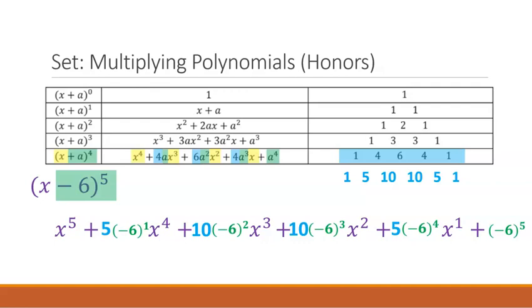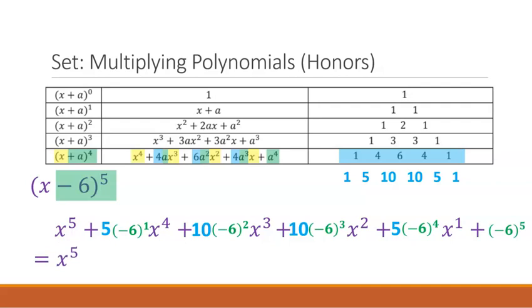In the second term, we can use negative 6 to the 1st power, in the third term, negative 6 squared, and so on. Remember to be careful when working with your signs because negative 6 to the 1st power is negative 6, whereas negative 6 squared is actually negative 6 times negative 6, which is a positive 36.